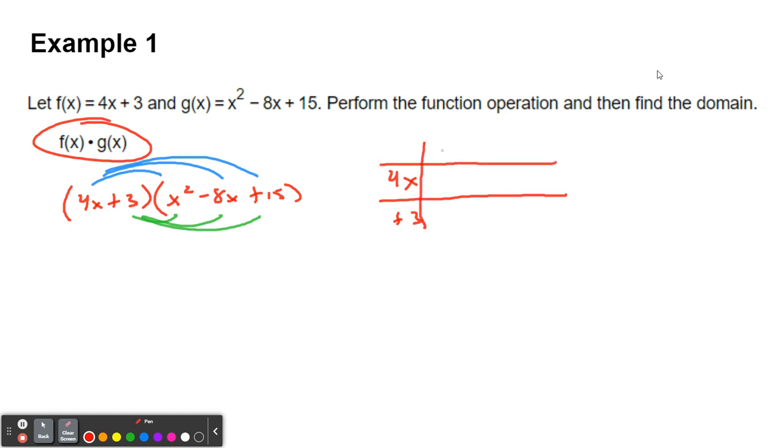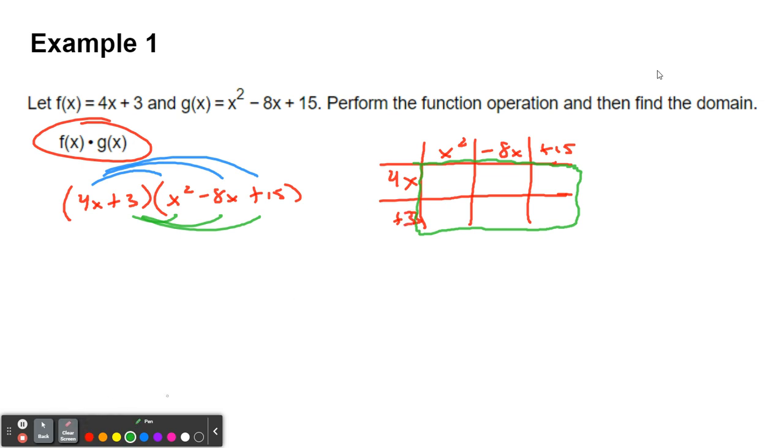I'm going to put my x squared here, my negative 8x here, and my positive 15 there. And when I fill this out, I'm looking for the 6 terms I get in here. Because remember, a binomial, 2 terms, times a trinomial, 3 terms, is 6.